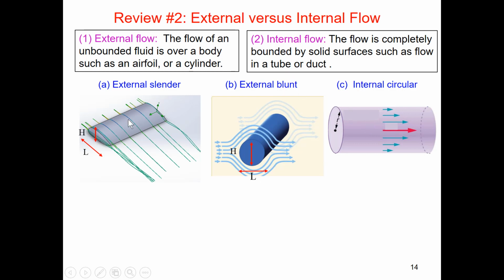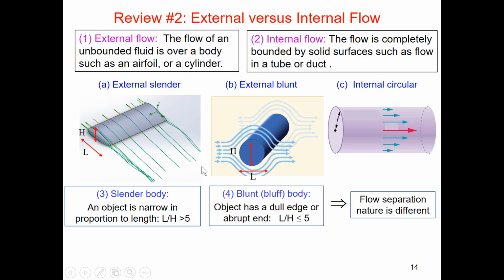If the flow of an unbounded fluid is over a body like the airfoil, the cylinder, or the car, then it is external flow. If the flow is completely bounded by a solid surface, like the flow in a tube, then it is an internal flow.